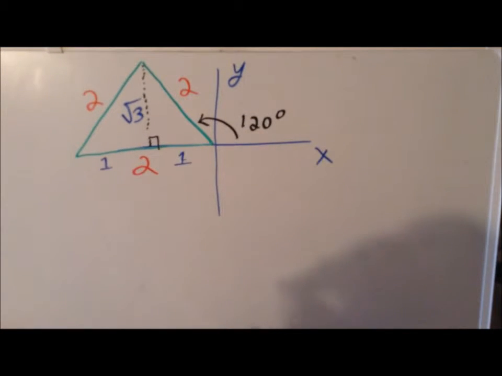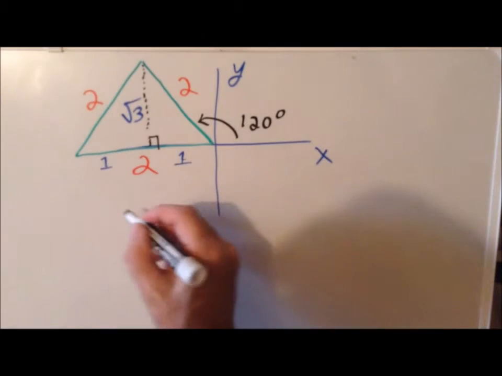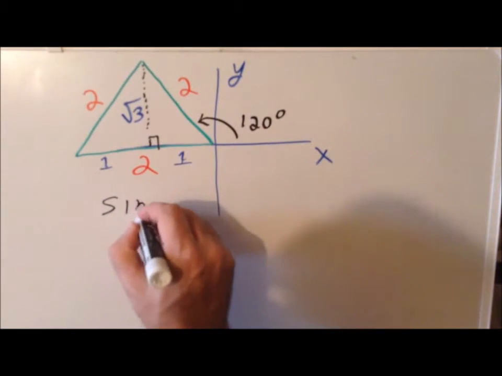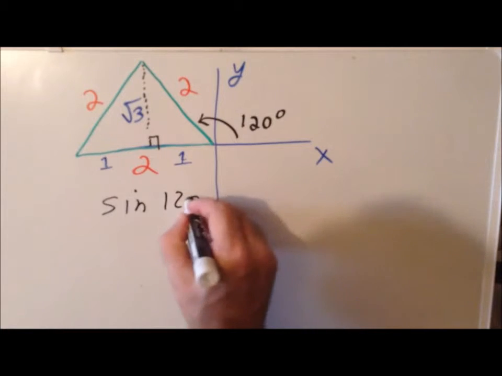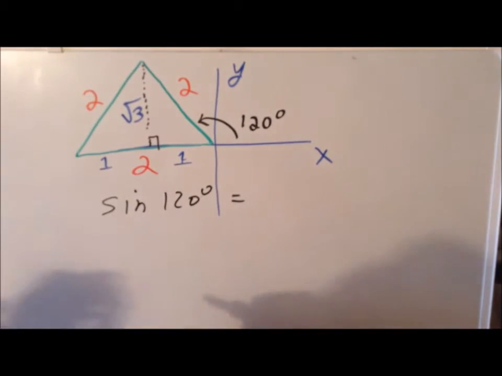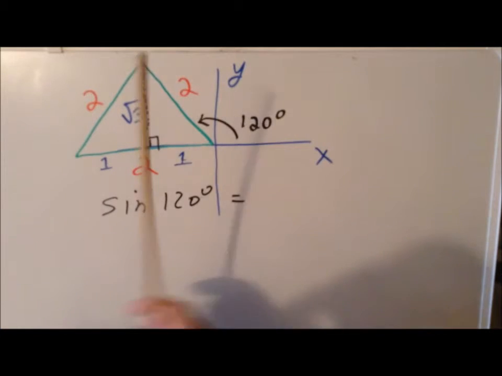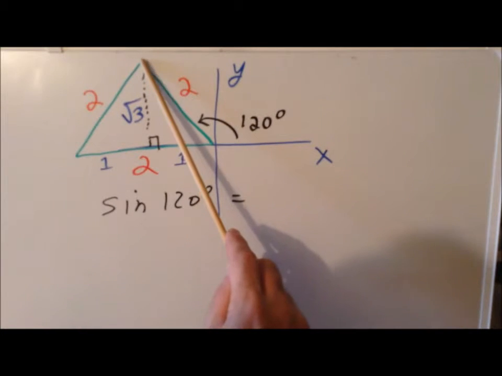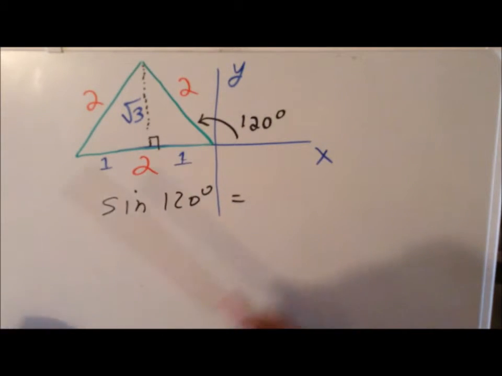So, for example, for the sine, we recognize that we can get it from thinking of this as a particular point and looking at the coordinates of the point. We know that the sine is the y coordinate.